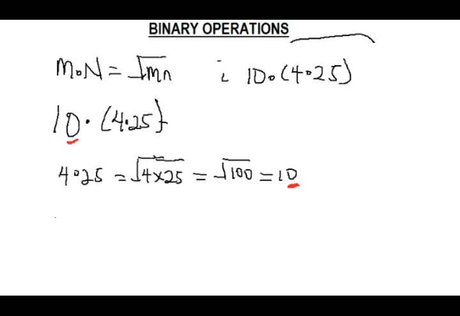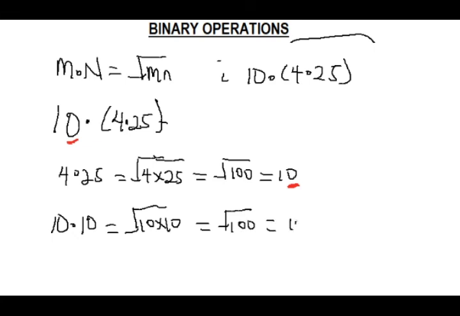So we get 10 o 10, from the 10 that we got from the 4 and 25. Then that gives us the square root of 10 times 10, which is the square root of 100. Then that will give us 10. So the answer for this very question is also 10.